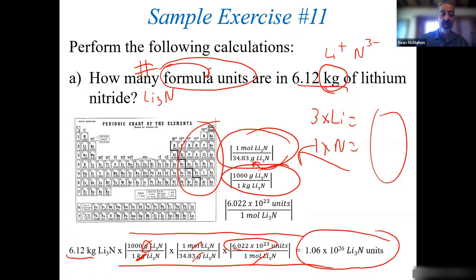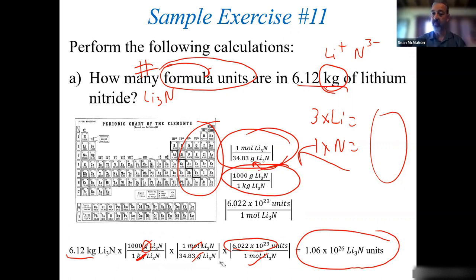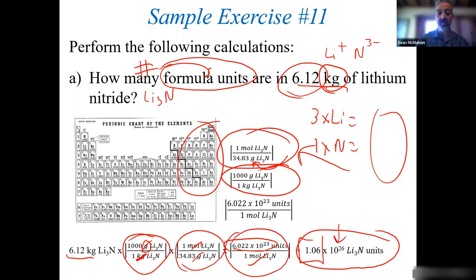That also shows me how I'm using multiple sections now. I'm using chapter 2, the metric system, converting kilograms to grams. I'm using chapter 2 for sig figs for my final answer and exponential notation. I'm using this chapter to determine molar mass and using Avogadro's number, which is chapter 7.